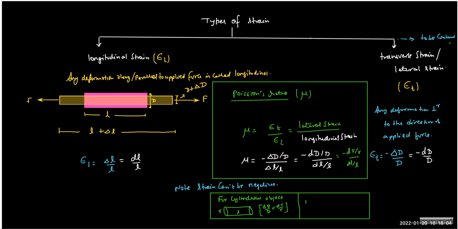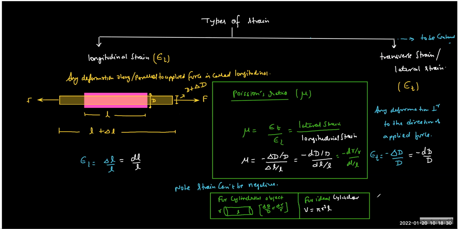So for an ideal, let's say cylinder, volume is what? Constant. So let's say we have a cylinder of length L, so volume is pi r square L.